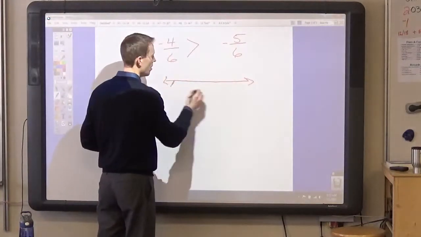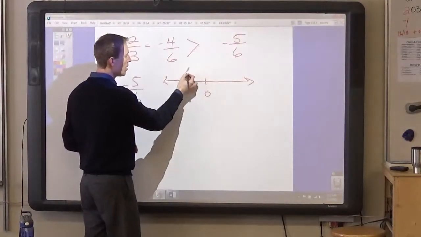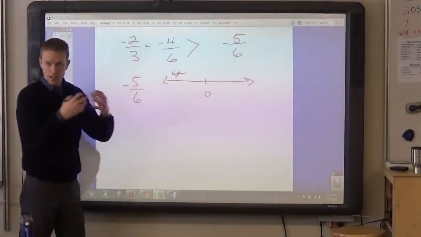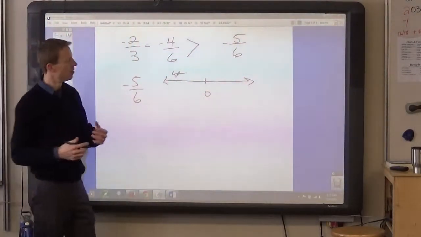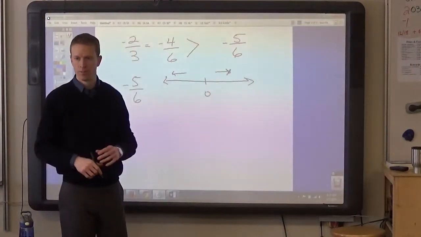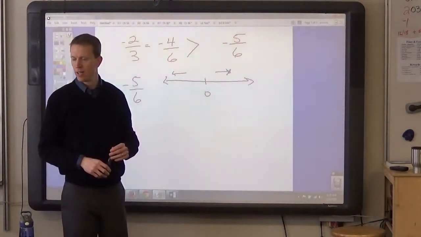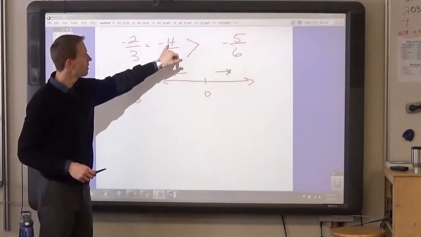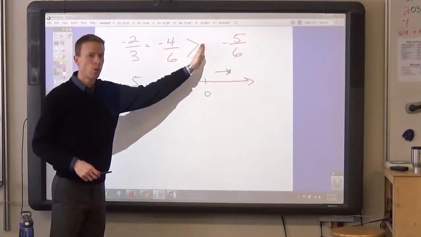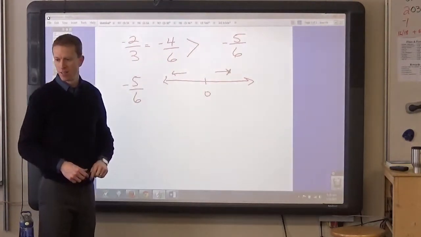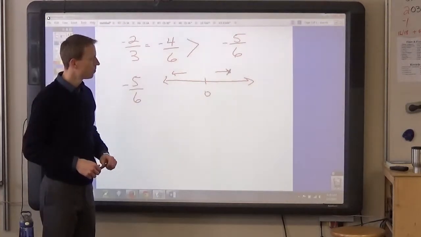So the further to the left a number is on the number line, the less value it has. The further to the right it is, the greater the value. So in this case, -4/6 is to the right of -5/6 on the number line, so it's greater than, right?